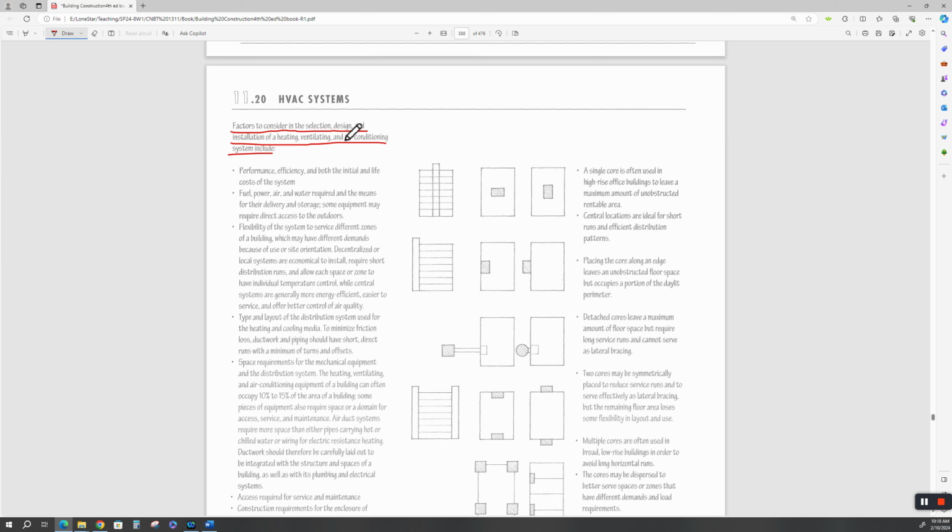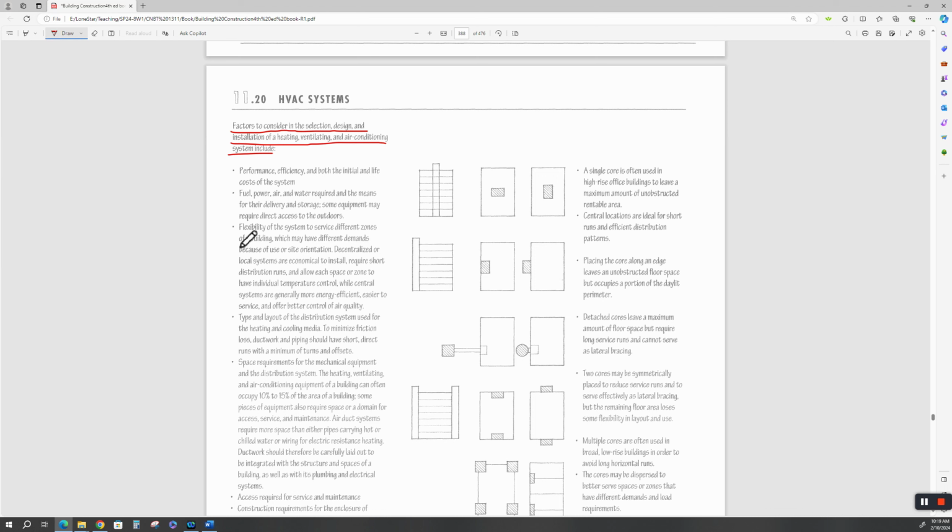Factors to consider in the selection, design, and installation of a heating, ventilating, and air conditioning system. Now, most of this is self-evident. Performance and efficiency, both the initial and life cost of the system. We call this life cycle cost. How much fuel and power and air is it going to move per given amount of energy input?